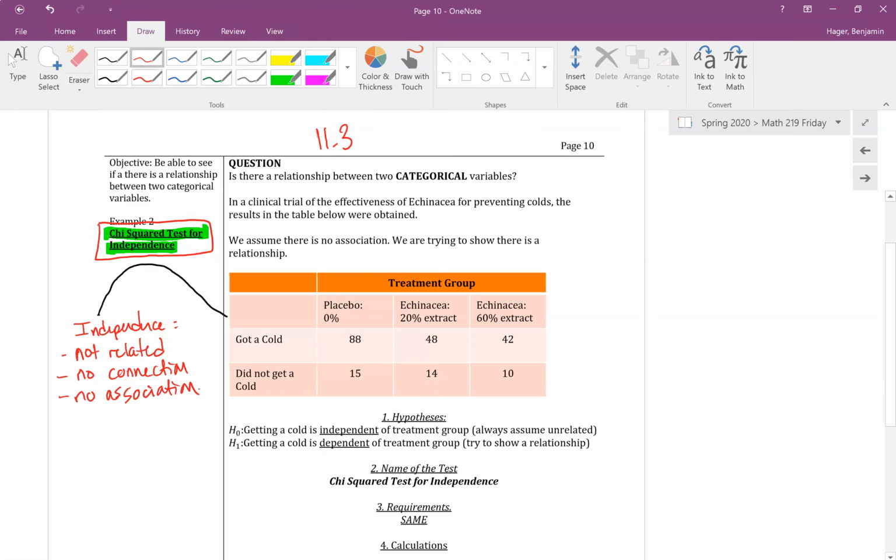If we say that two things are connected, we would be saying they are dependent on one another. So they do have a relation. They are connected. They are associated.